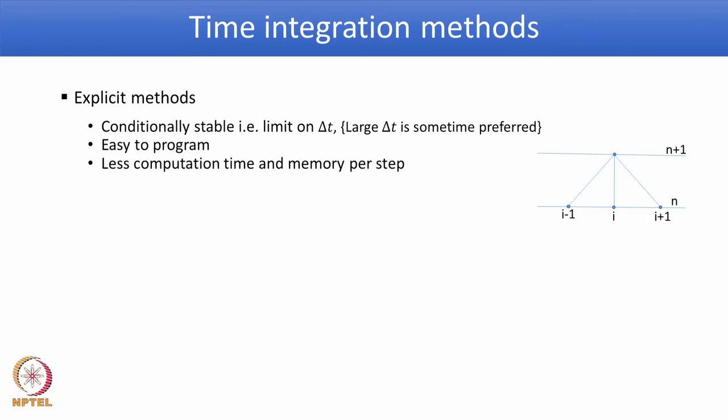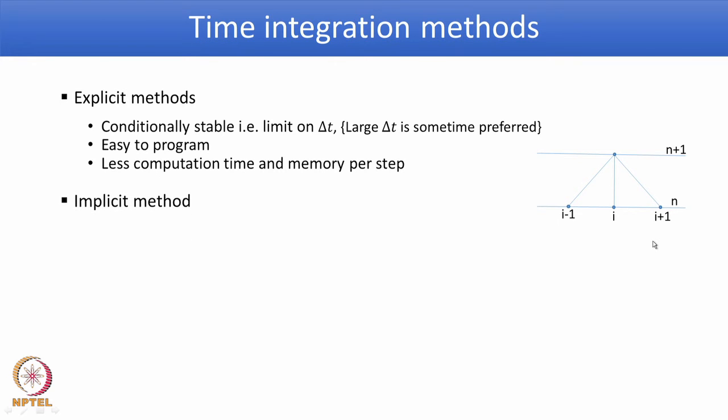It takes less computational time and less memory per step. If you look at the explicit method graphically, the value at n plus 1 is evaluated based on the variable values at the nth level from I minus 1, I and I plus 1.